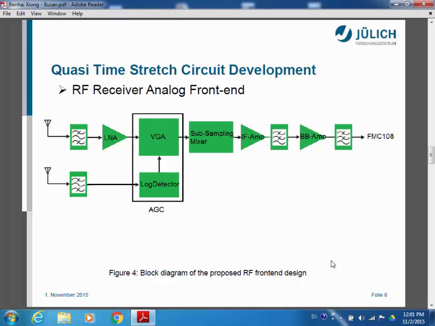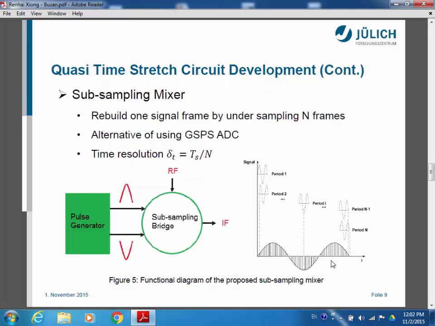And how we keep the time information using a slow ADC depends on the signal pattern. As I said, our transmitter is transmitting a periodic wavelet.